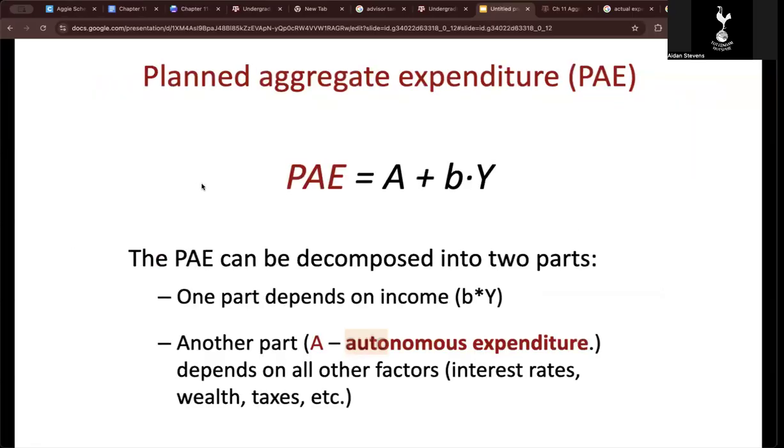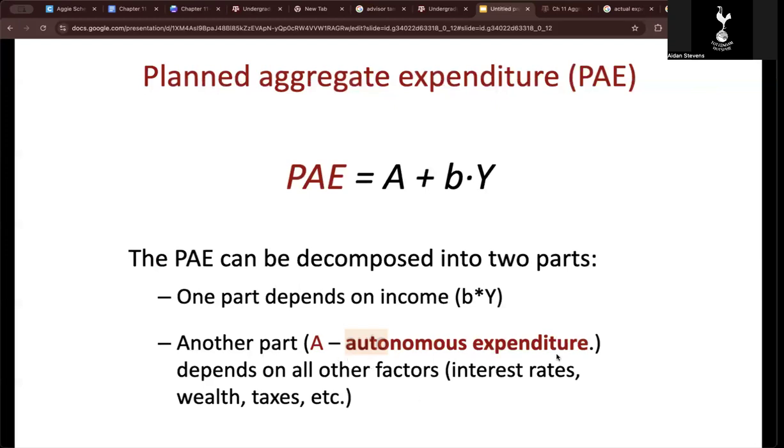Now, let's focus on planned aggregate expenditure. More concisely, PAE equals A, which is autonomous expenditure, plus B, which is the marginal propensity to consume, times Y, also known as the national income. As we see, there are multiple factors of autonomous expenditure.